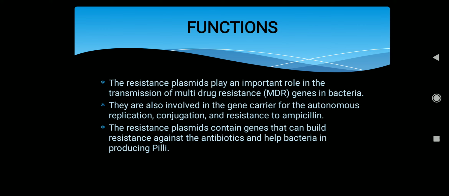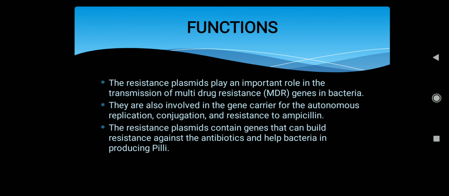They are also involved in the gene carrier for autonomous replication. Autonomous replication means self replication, so they carry the genes that are involved in self replication. They help conjugation, and they also have genes responsible for resistance to antibiotics like ampicillin, tetracycline, streptomycin, and so on. The resistant plasmid contains genes that can build resistance against the antibiotic.